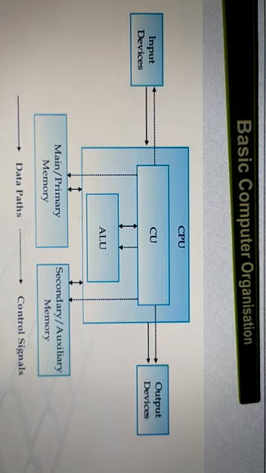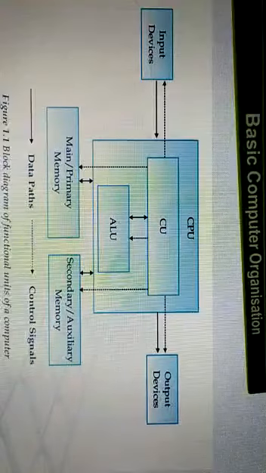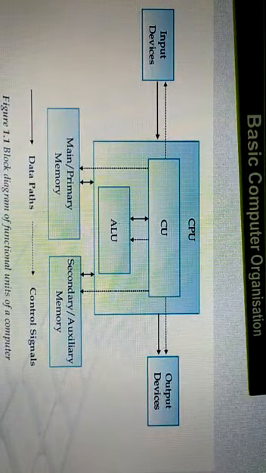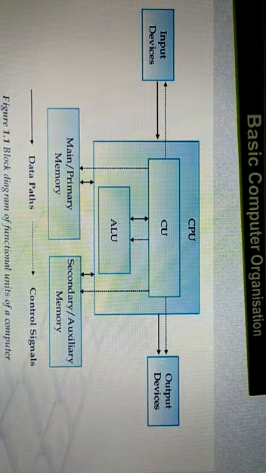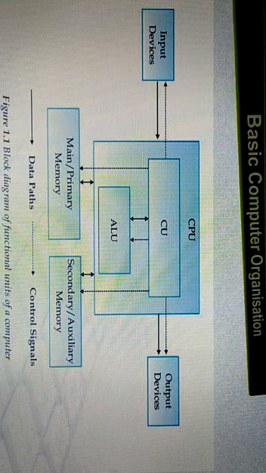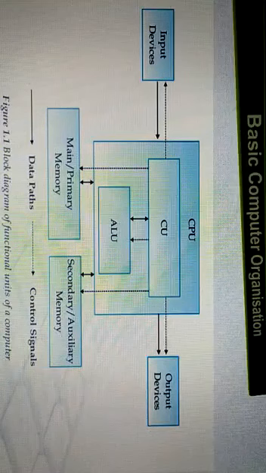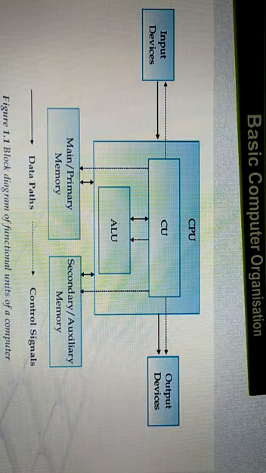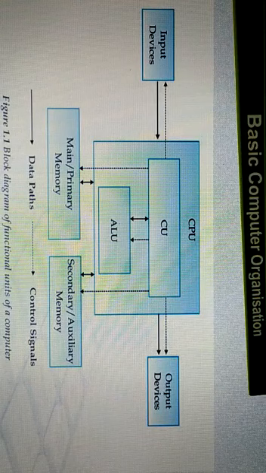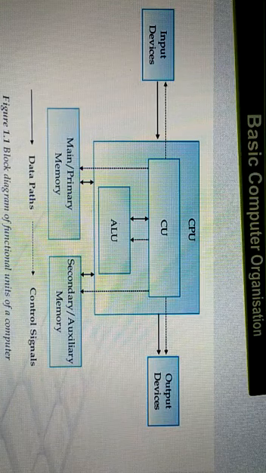Now take a little look at input devices and output devices. When we think about input devices, input makes two words, in and put. Then you clearly know about the input. This is the device by which data and instructions can be fed into the computer.